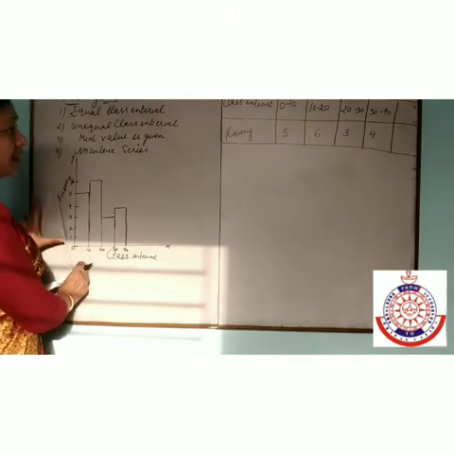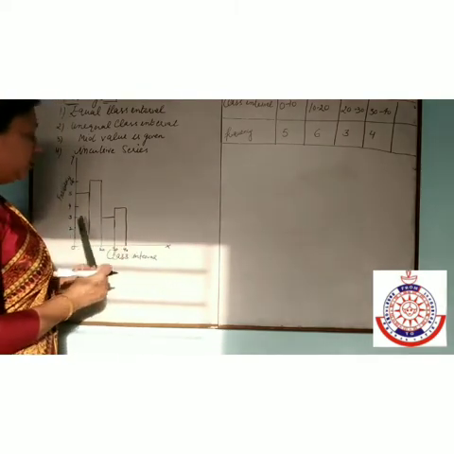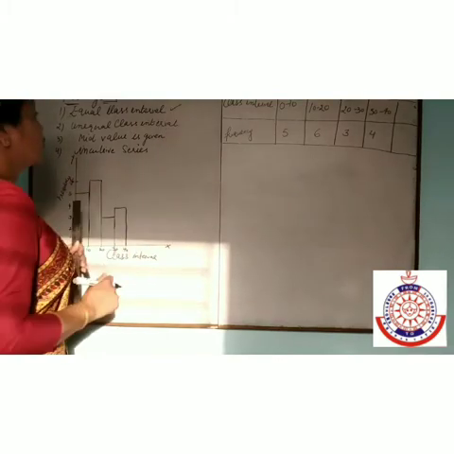So whenever equal class interval is given, we can draw this type of histogram. This is the first type of histogram.